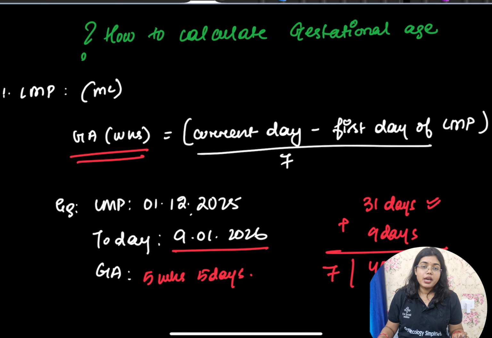That means we have to ask if the patient is having a regular menstrual cycle, so that the gestational age will be accurate, with maybe 3 to 5 days of difference.